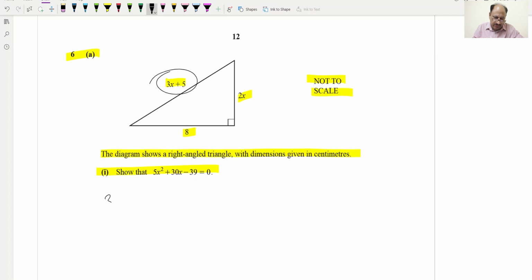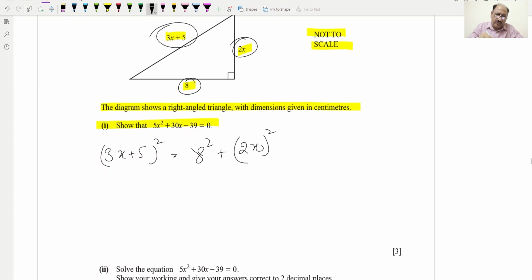Pythagoras theorem is: hypotenuse squared is equal to the square of one side plus the square of the other side, which is 2x squared. Now we can open the square: (a + b) squared is equal to a squared plus b squared plus 2ab.